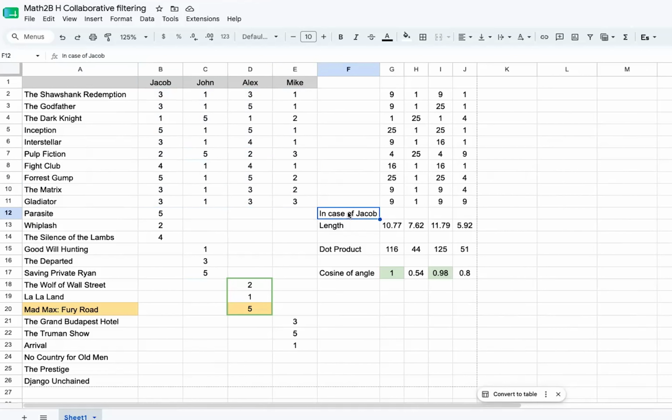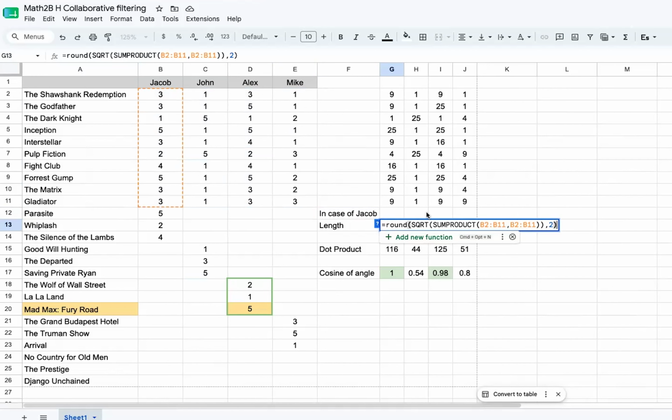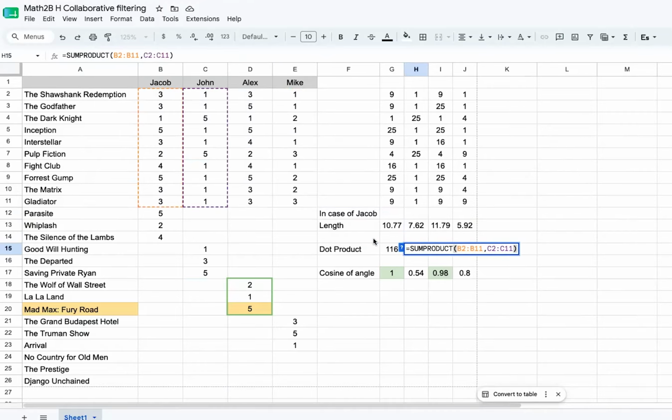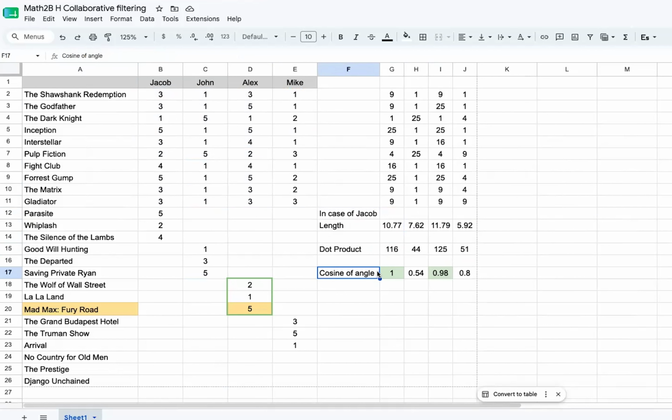So let's take the case of Jacob. We can calculate the length of Jacob's vector, and then we find the length of every other user's vector, and then we can find their dot products. We compare the dot products between Jacob's and the other users', and finally we find the cosine similarity between Jacob and each of the other users.